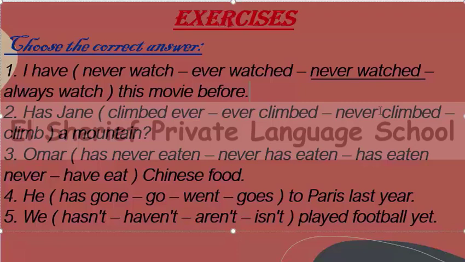It gives the same meaning as the word not. So we can't use it in the question. So here, climbed ever and ever climbed. We said that ever comes after has or have and before the main verb. So here I will choose ever climbed. So has Jane ever climbed a mountain?